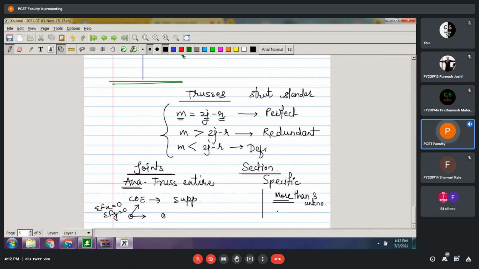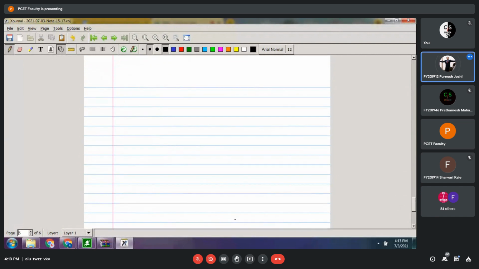And second is on either side of the section, minimum 2 joints should be there. Because we know that when we take a section, we can directly use equation of moment, take moment about this joint, take moment about that joint, and you can directly find out forces in the unknown members. आठवतंय सगळ्यांना? Yes, ma'am.